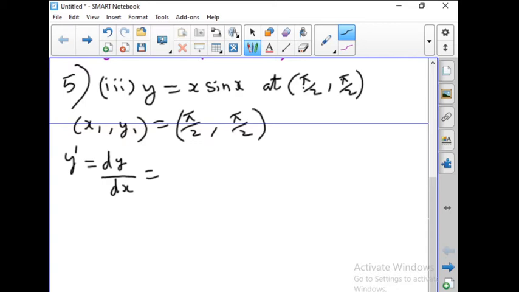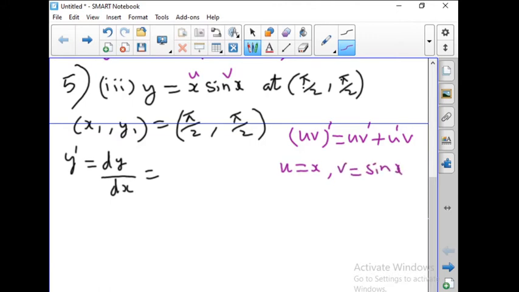Now here it is of the form u into v. So this is u and this is v. So we know the formula: uv the whole dash is equal to uv dash plus u dash v. Okay. So what is u? u is equal to x and v is equal to sin x. So what is u dash? 1. And what is v dash? cos x.